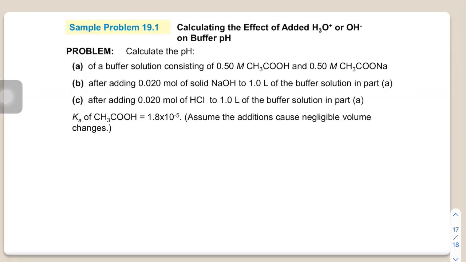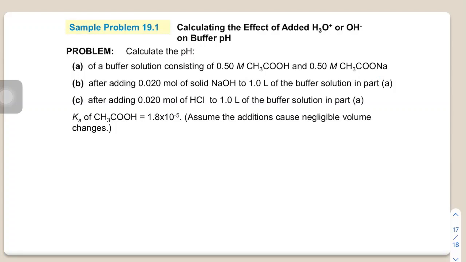Okay, so how to calculate the pH of the buffer system, without the addition of the acid or base, and after the addition of both acid and base? In this sample problem, we have 0.5 molar of acetic acid and 0.5 molar of sodium acetate.